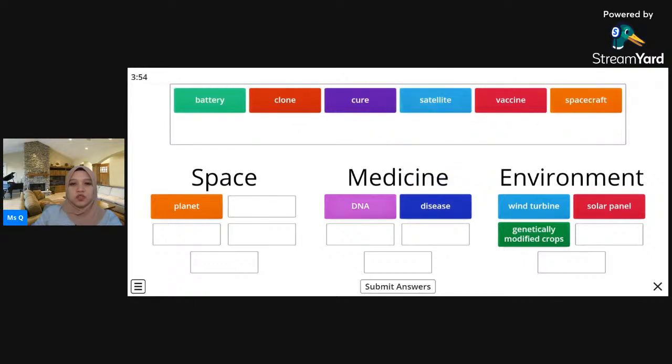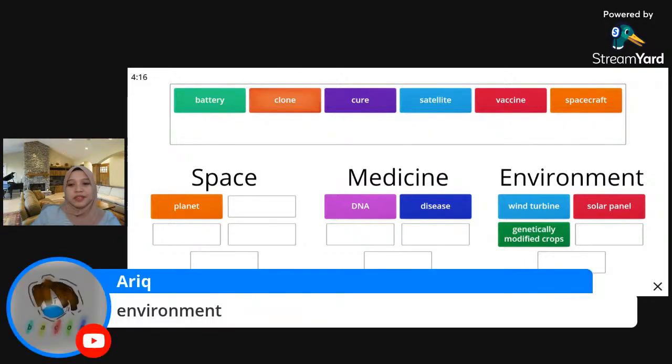How about battery? Is it space, environment, or medicine? What do you think the answer would be? Okay, Eric said environment. Any other answers?